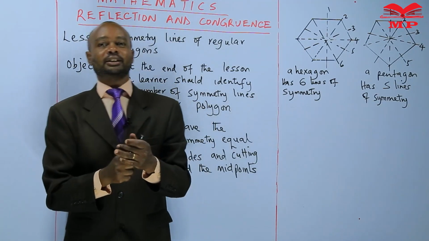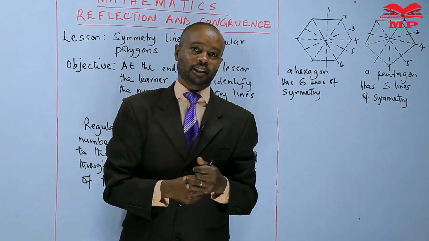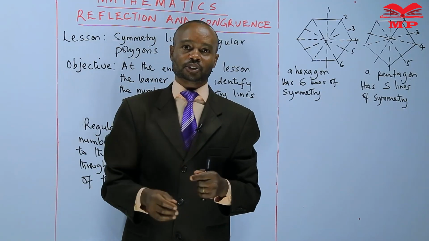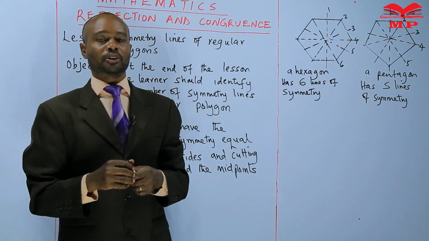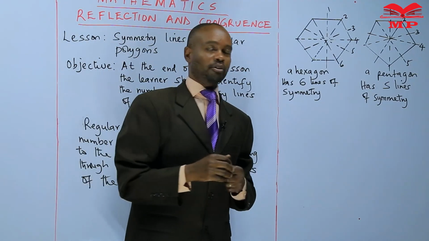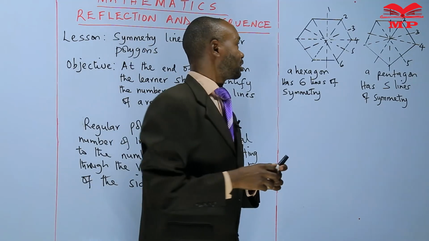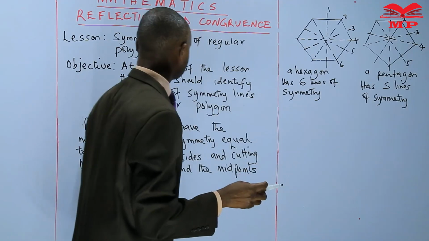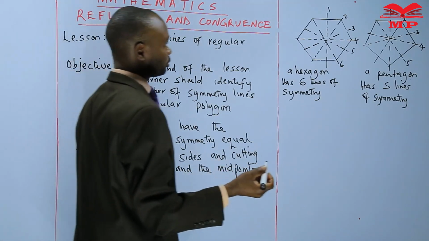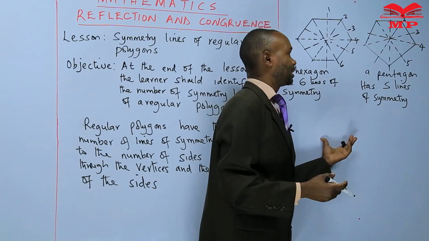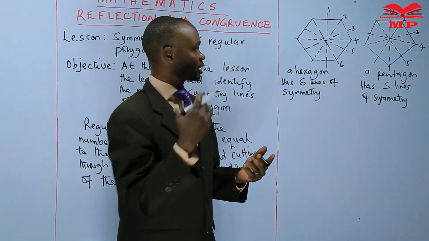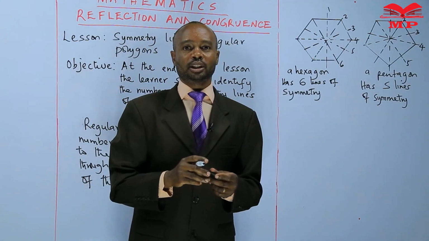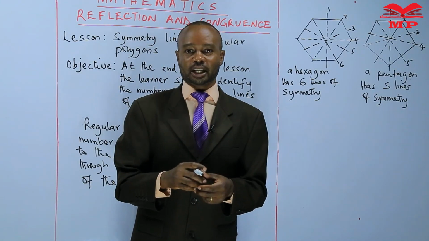Whether a polygon has 100 sides, the lines of symmetry will be 100, and they'll cut across the vertices of the polygon and the midpoints of the sides of that polygon. So remember always that whether it is 6-sided, 7-sided, any polygon, the number of lines of symmetry is equal to the number of sides.